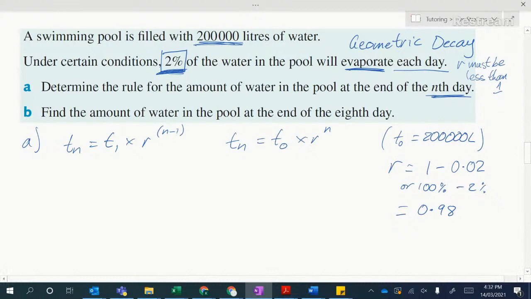Now that I have those two values, I've got my R value now, and I've got my initial starting value, I can substitute that into the formula that I wrote. And that'll get us our rule. And there we have it. That's our rule.